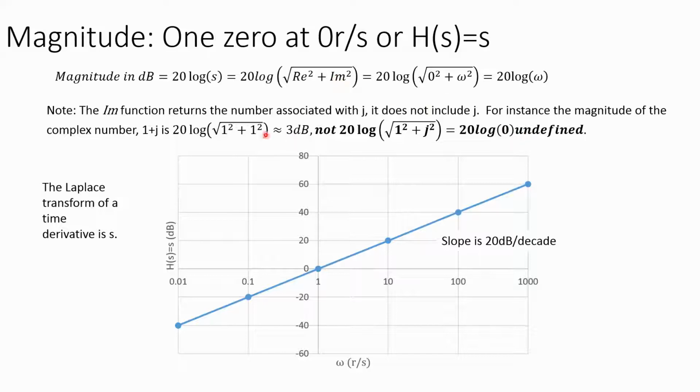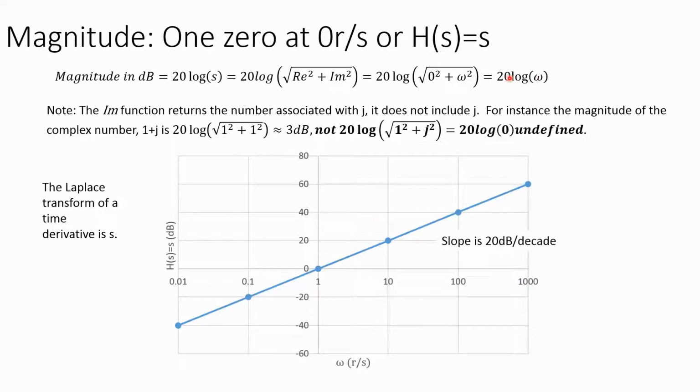The imaginary part just strips the number next to the j and puts it right there. So you don't worry about j squared or anything like that. So what we get here is 20 times log omega.